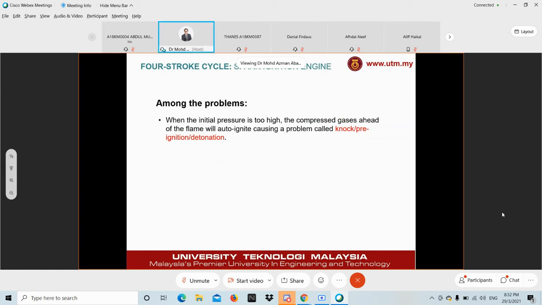With higher RON fuel, the fuel has a higher octane number. In other words, it's harder for the fuel to ignite. We will cover more on fuel RON in a later chapter, so don't worry about that. Again, the worst enemy for a spark ignition engine is always knocking and pre-ignition. So that is pretty much it on spark ignition engines.